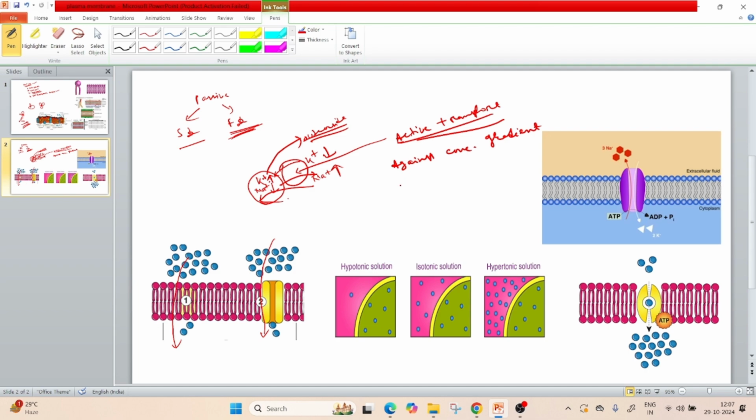Against concentration gradient means from the lower concentration to the higher concentration.